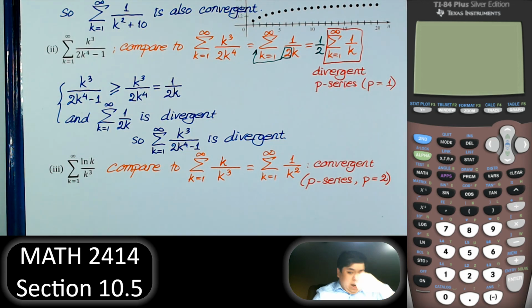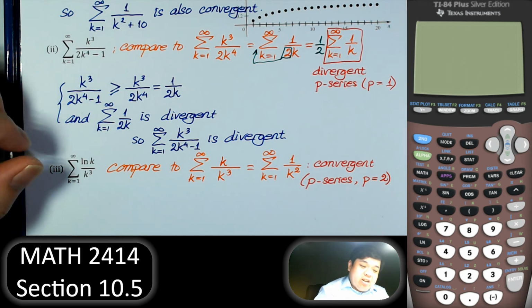So by now we see that most of the time we compare to the p-series, or sometimes geometric series. We will see that in the next part of the section.